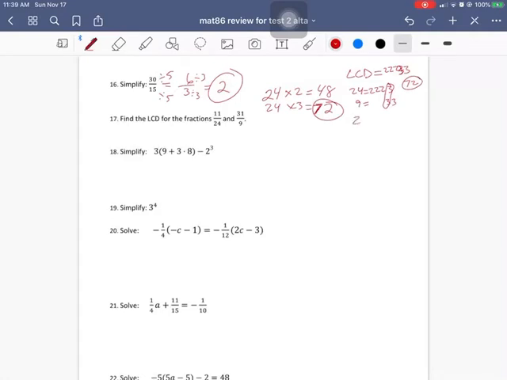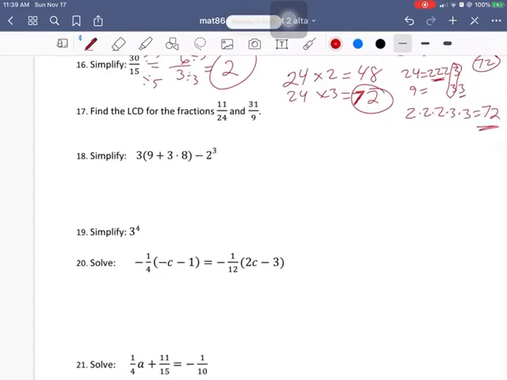Okay, sorry, you can't read that. 2 times 2 times 2, that's these 3 there, and then this one over here, and then one of the ones they have in common is 72. 24 times 9 is 216, but you need the least common, so that would be 72.